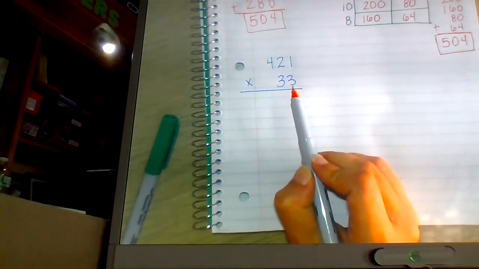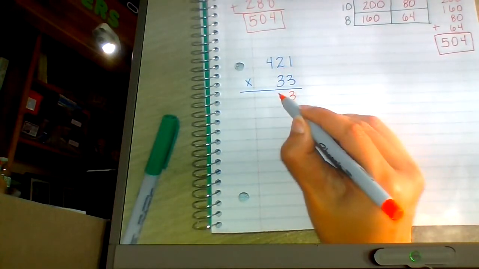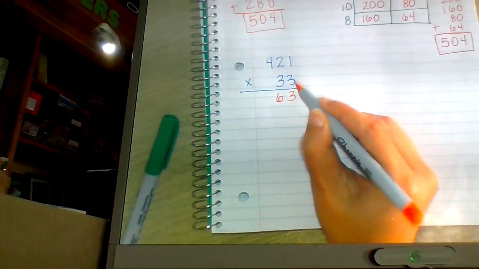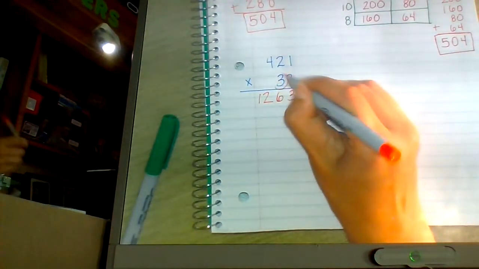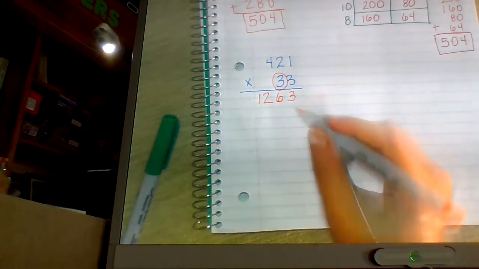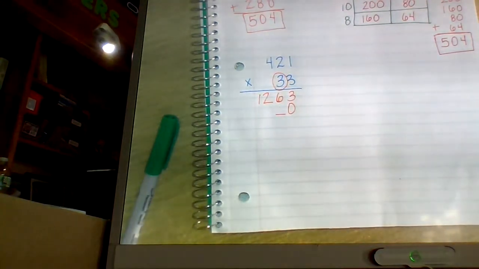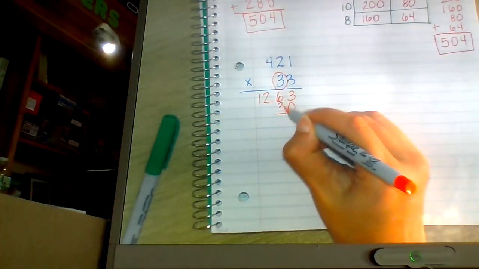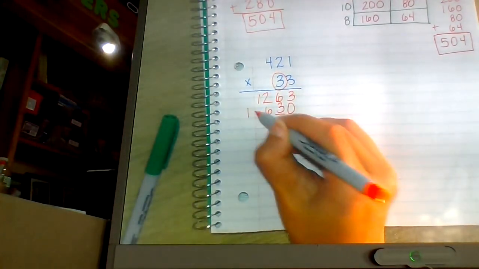So 3 groups of 1 is 3, 3 groups of 2 is 6, 3 groups of 4 is 12. But now I need to multiply with my tens place. So since I'm going to multiply in my tens place, I need to record the product in the tens place. 3 groups of 1 is 3, 3 groups of 2 is 6, and 3 groups of 4 is 12.